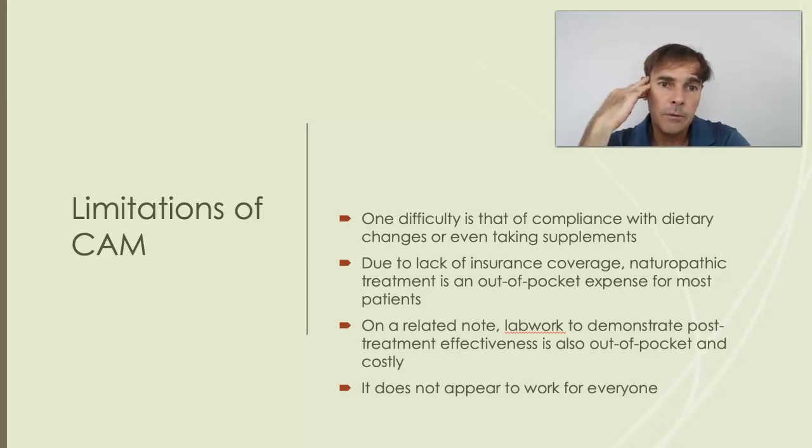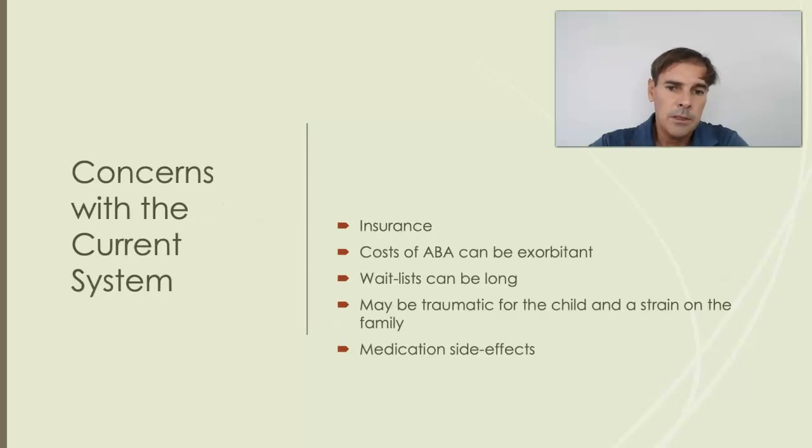That's great for establishing and documenting the effectiveness of the treatment, but it's limited in that if you're a parent of a child with autism, that testing costs a lot of money, and your child gets better, you don't really want to test them a second time because you achieved the goal: they're better. So why spend hundreds of dollars on lab tests to show on paper that they're better? We already know they're better. So it makes it harder for this type of medicine to collect evidence of effectiveness. So yeah, that's one of the limitations.